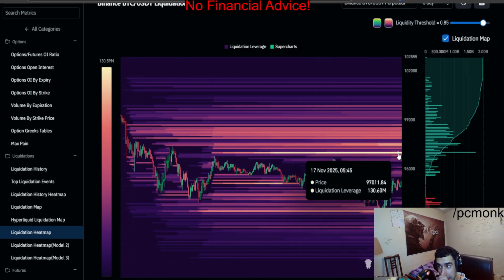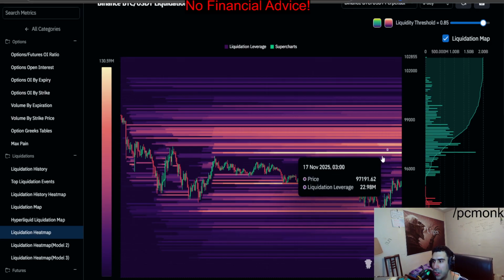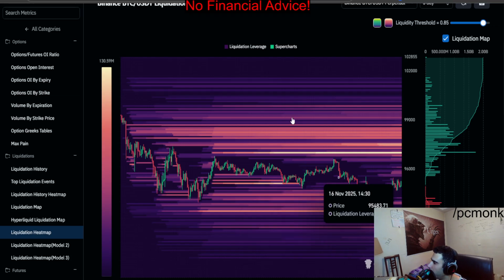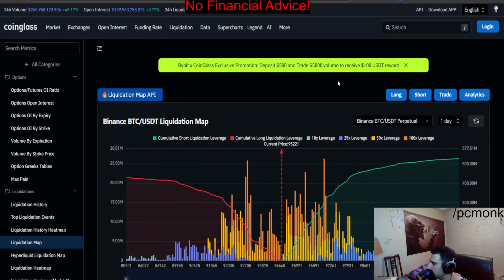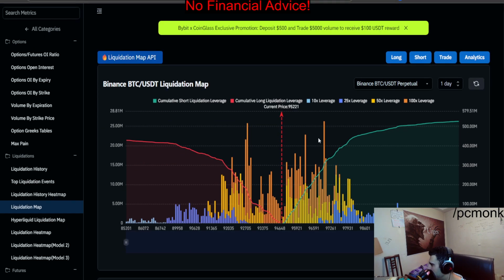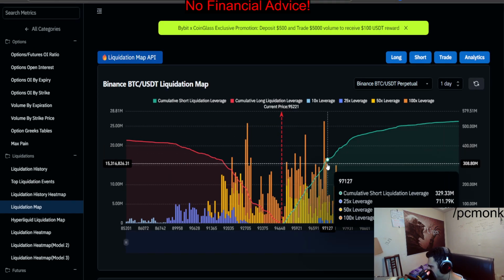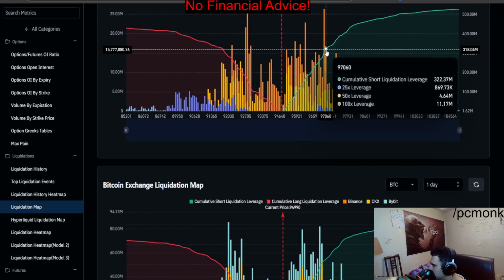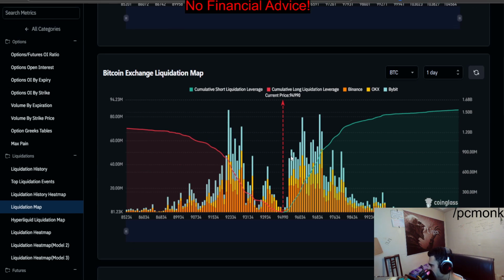That $97,000 could be a potential liquidation grab. On one day, at $97,000, only Binance will get 300 million in liquidation. And you can see there's a wick up there too, right?